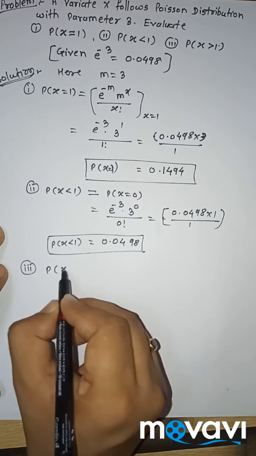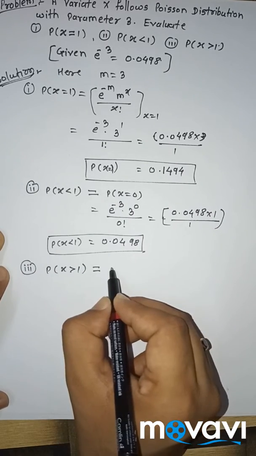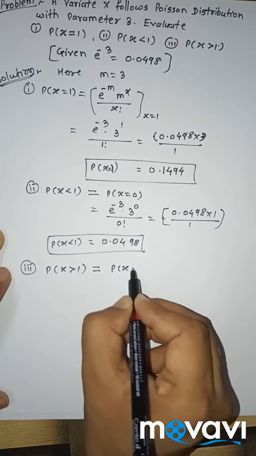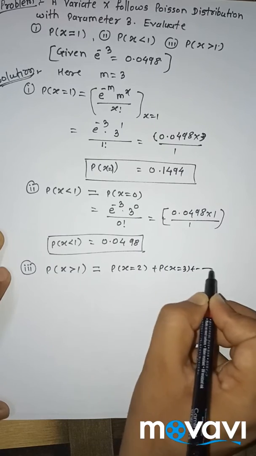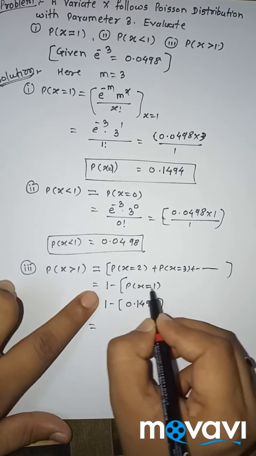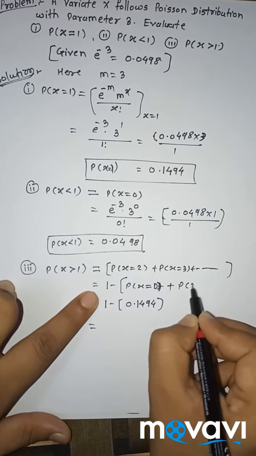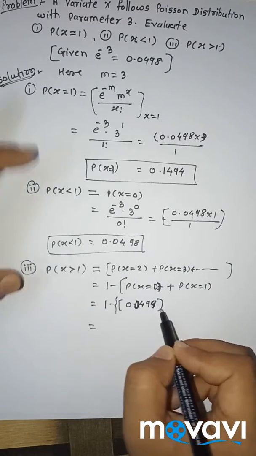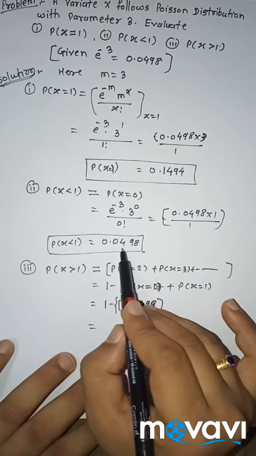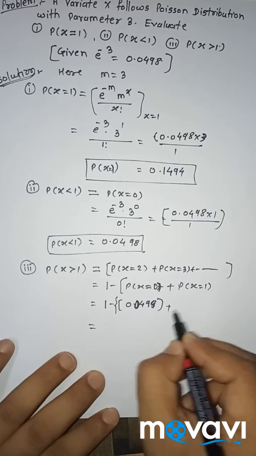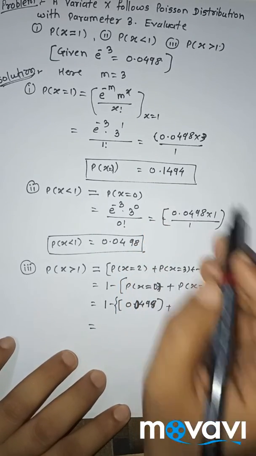Then third condition, probability of x greater than 1. This is equal to probability of x equal to 2 plus probability of x equal to 3 plus up to infinity, which is 1 minus the sum of probability of x equal to 0 and probability of x equal to 1. We have already calculated probability of x equal to 0 is 0.0498 and probability of x equal to 1 is 0.1494.